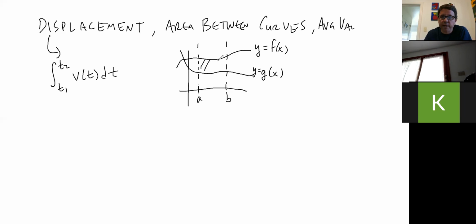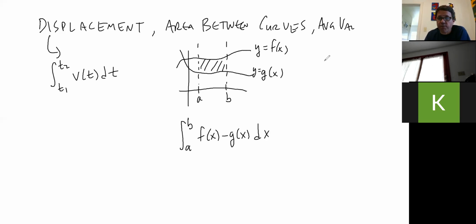You find the area for f, and then you find the area for g, and then you subtract. I think that should make sense. If you condense this down, you get the integral from a to b of f of x minus g of x. You can combine them using these rules for definite integrals, where you just subtract the functions and then do your fundamental theorem on that.